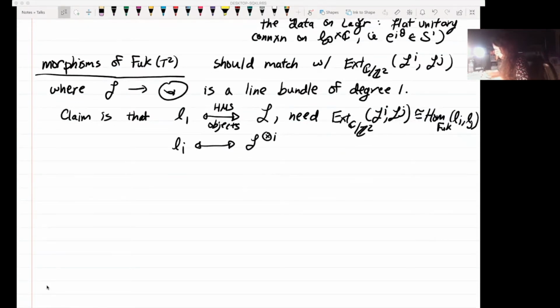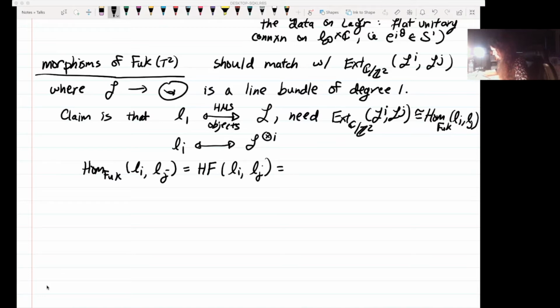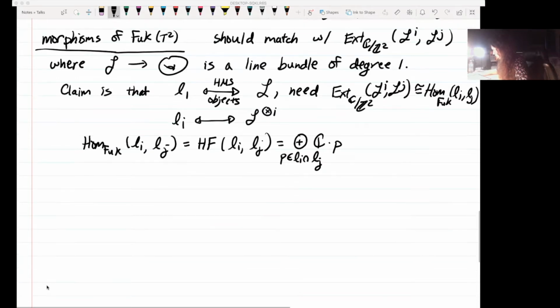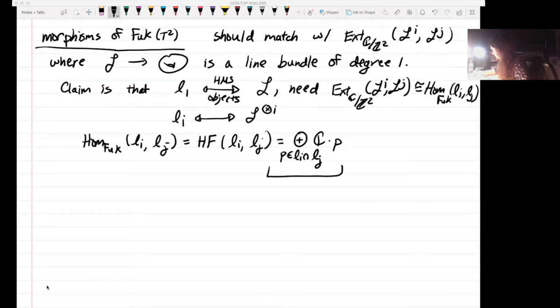So the Hom groups in the Fukaya category are intersection points. This is called Floer homology, and it's a chain complex generated by these intersection points. So this is a chain complex, and this is actually the homology.